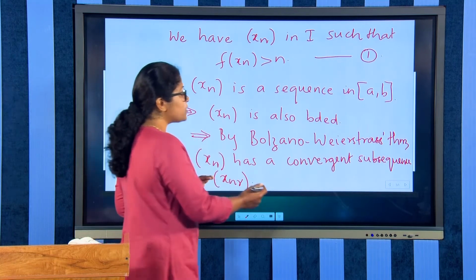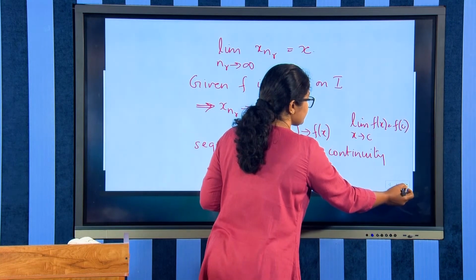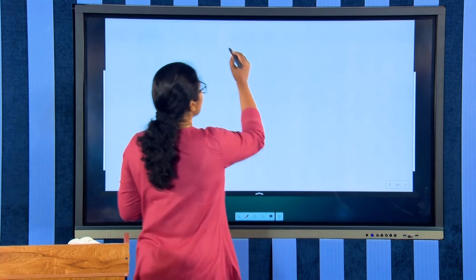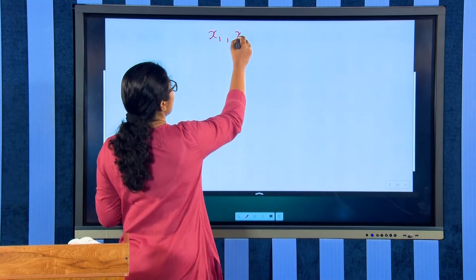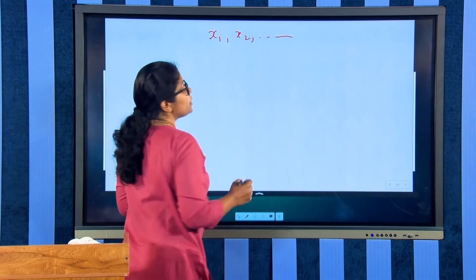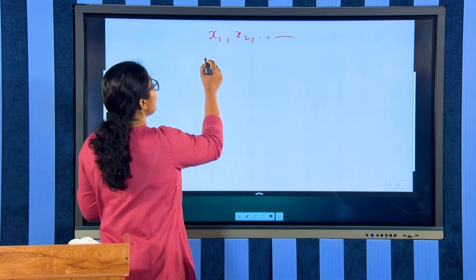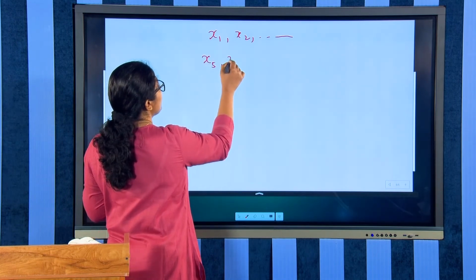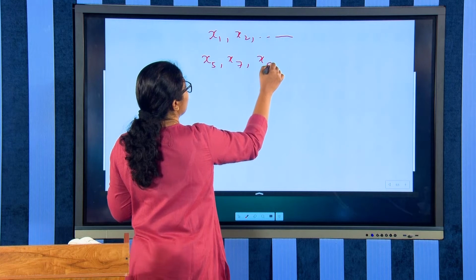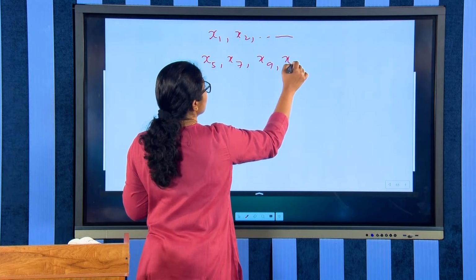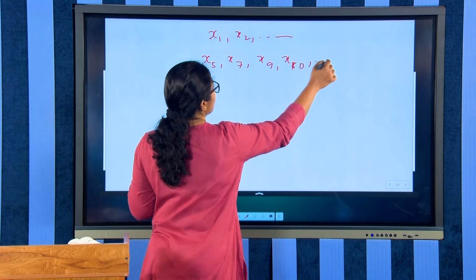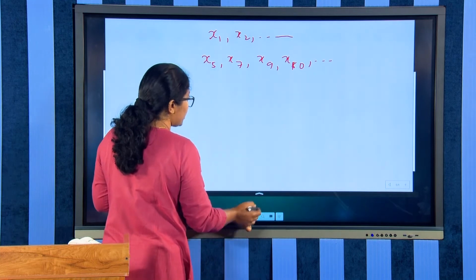So, if you have a sequence x1, x2, and so on, the subsequence may be something like x5, x7, x9, x11, and so on. x8 cannot come after x9.